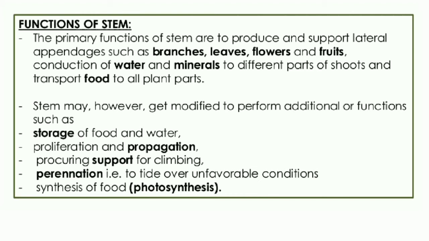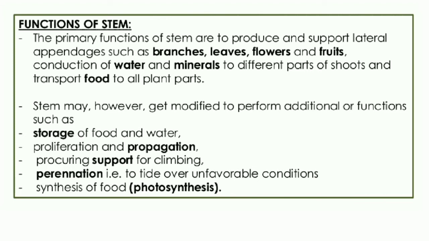Okay. One more thing, to bring all the leaves so as to get sufficient light for photosynthesis, it has to produce branches. Second main function is conduction of water and minerals. Conduction means we said earlier that roots absorb water and minerals. That absorbed water and minerals must be conducted, carried upward to the shoot system.